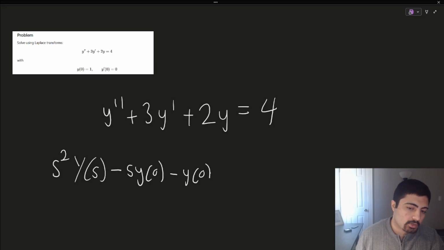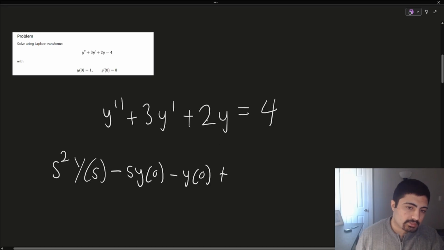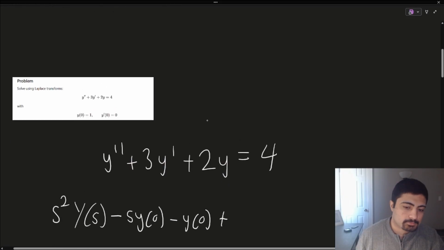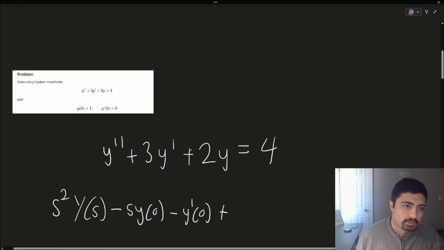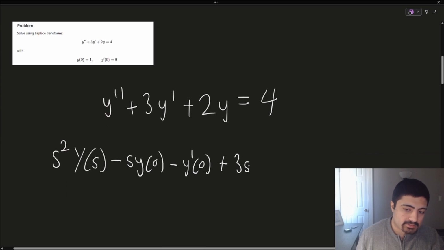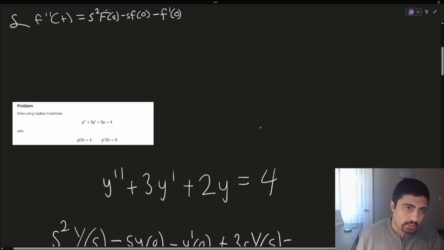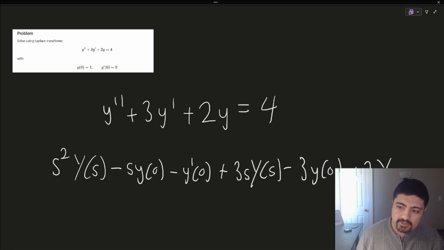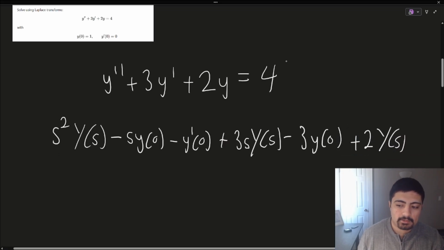Minus y prime of 0, and plus 3s Y of s minus 3y of 0. And finally, plus 2 capital Y of s. This is the Laplace of the left-hand side.